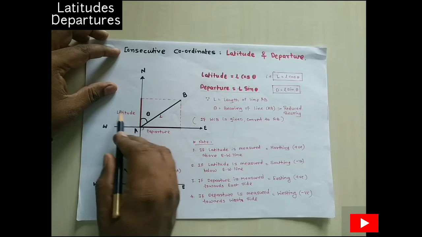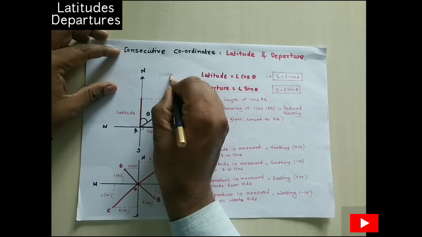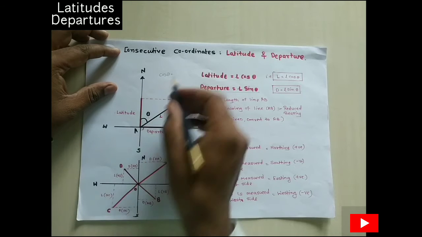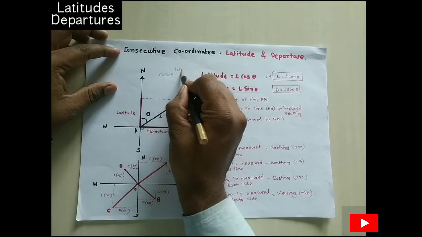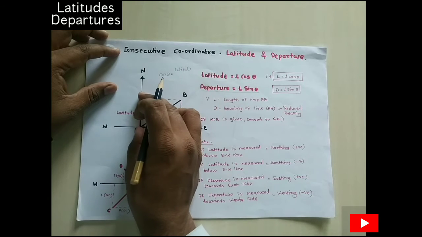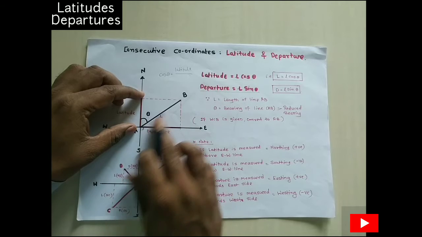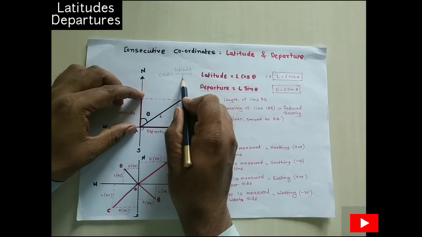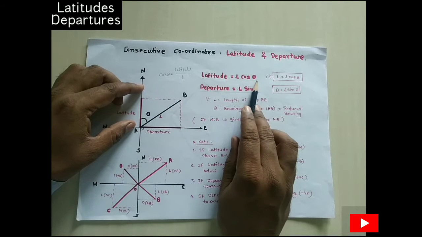So here, cos theta is this dimension, the latitude, divided by the hypotenuse, and the hypotenuse is the length of AB, that is L, so latitude becomes L cos theta.